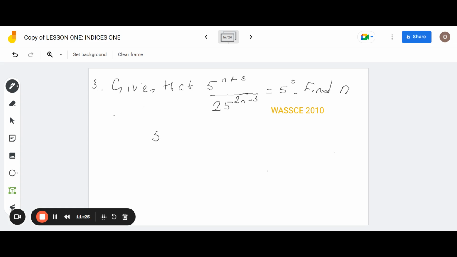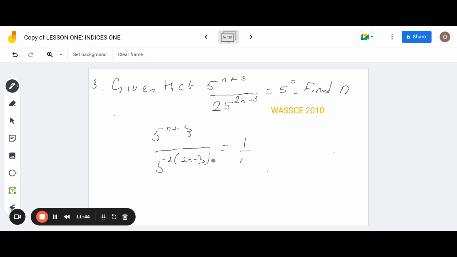Then we have 5 raised to power n plus 3 over, 25 is 5 squared, then into 2n minus 3 equals 1, because anything raised to power 0 is 1.